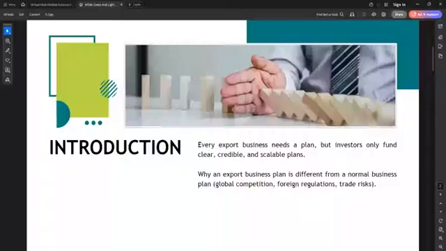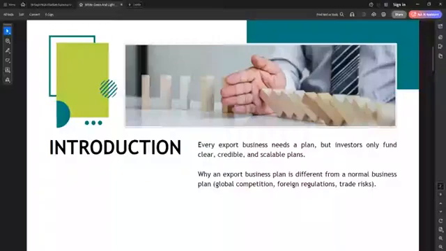We see different business plans for different businesses, but there are some little things that distinguish a general business plan from an export business plan. Every export business needs a plan, but investors only fund clear, credible, and scalable plans.